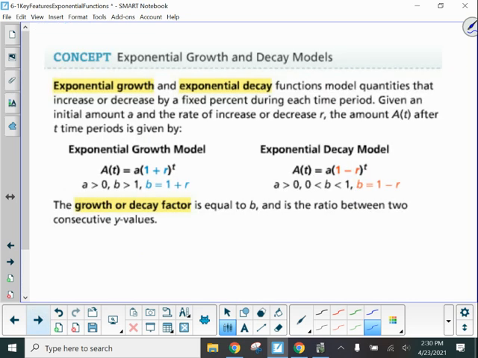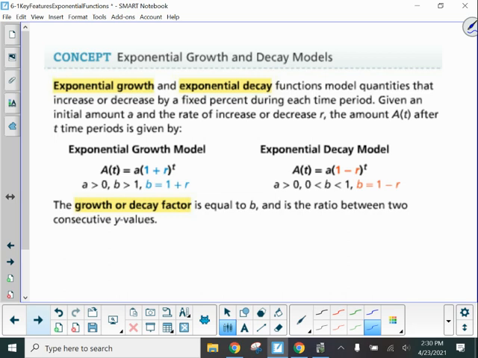So this introduces the concept of exponential growth and decay. What we previously had was a growth function, and that's because a rate was being added to 1. If you have a decay function, then you're going to be subtracting that from 1, because you have less and less of whatever your original amount was as time goes on.